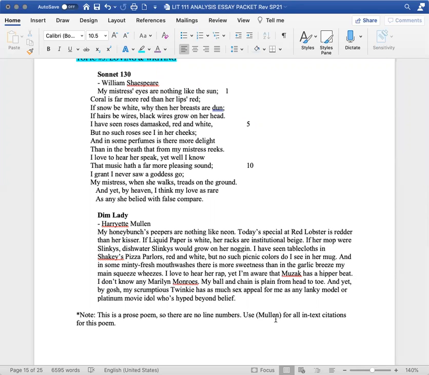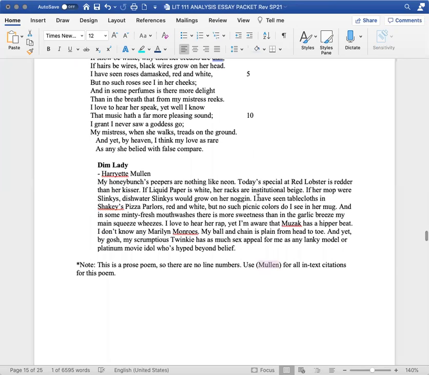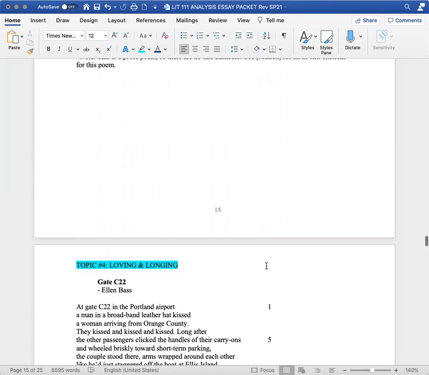So my advice to you is then in your sentences, instead of saying Mullen, you might just say in Dim Lady, or the speaker says, that way you're not saying like according to Mullen's poem, Mullen, right? But either way, it's not wrong if you do that. It's just advice. But because there are no page numbers, that would be the in-text citations. No line numbers, not page numbers, sorry. You would just use Mullen there.